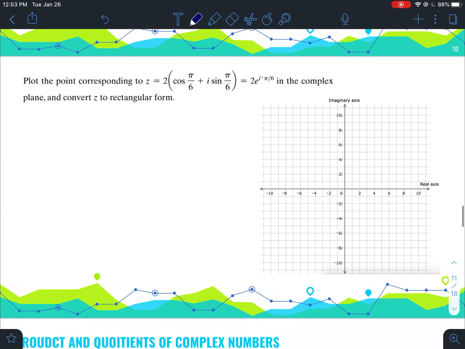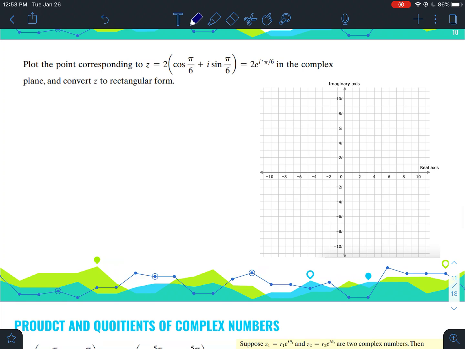All right, so let's plot the corresponding point. z equals 2, parentheses, cosine pi over 6 plus i sine pi over 6, which is 2e to the i times pi over 6. So we have polar form, we have exponential form. So let's convert this into complex form.